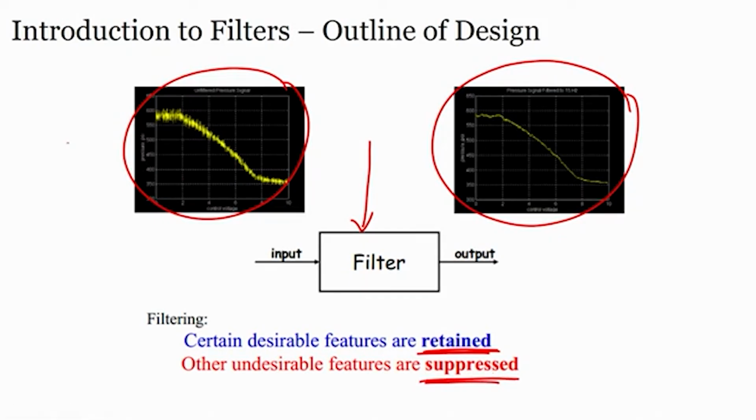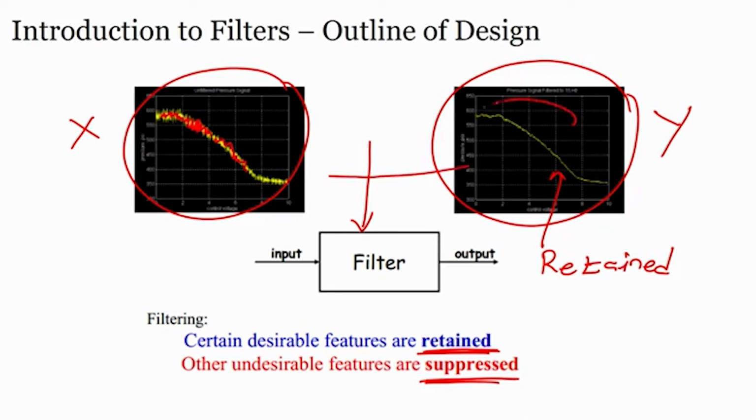Then what is retained? If you see this one, this is let us say x, this is let us say y. The signal that we are interested in is retained, while this noise, the spikes that you see here, a lot of spikes, are not present at the output.